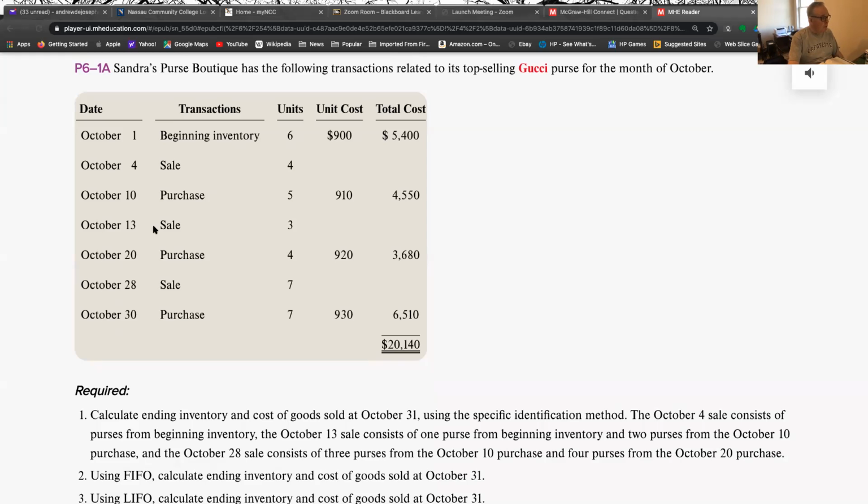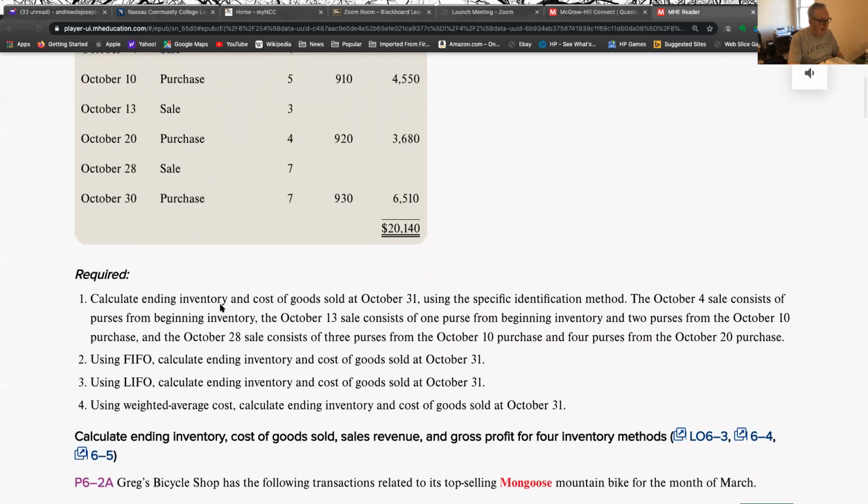So this is what took place during the month of October. Calculate the ending inventory and cost of goods sold using the different methods. Let's use these 3 methods first. We'll do the specific identification last.